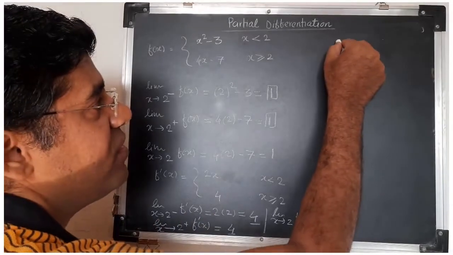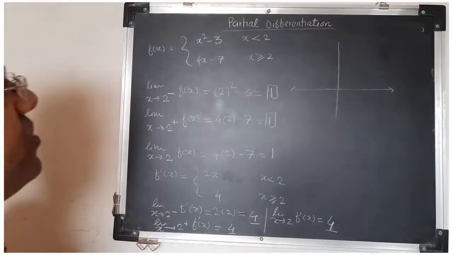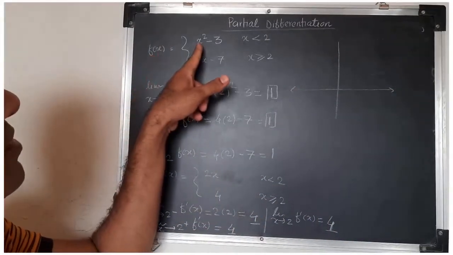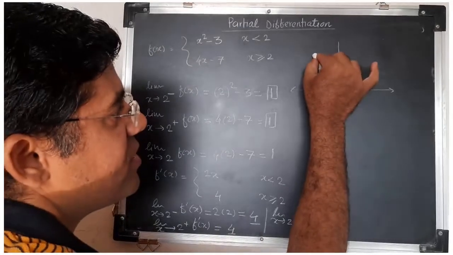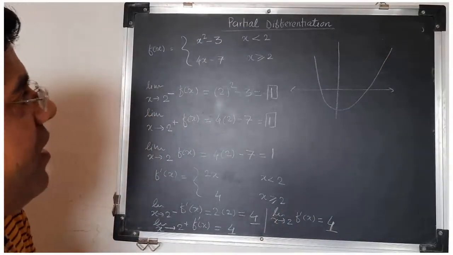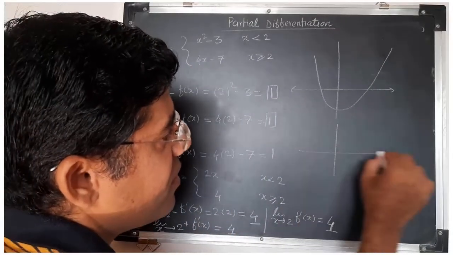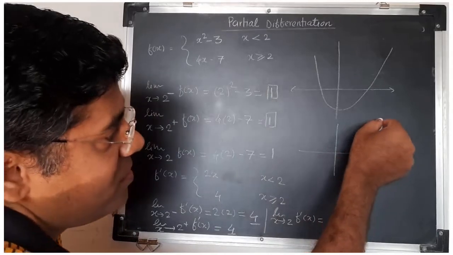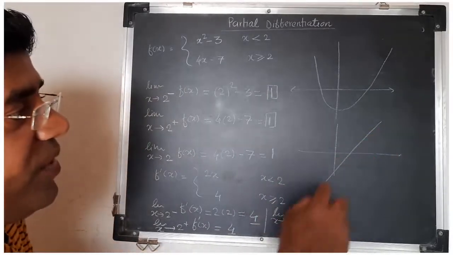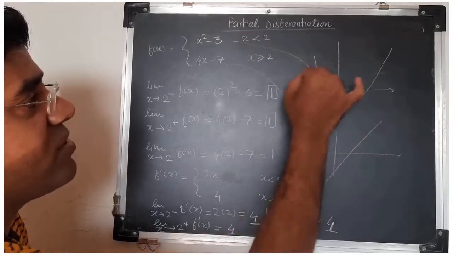So from a graph point of view, how can we draw this particular function? Suppose this is the f of x function, x minus 3, so the curve is just like this one probably. Now 4x minus 7, the curve is passing through here. When you combine both the curves, this belongs to this one, this belongs to this one.